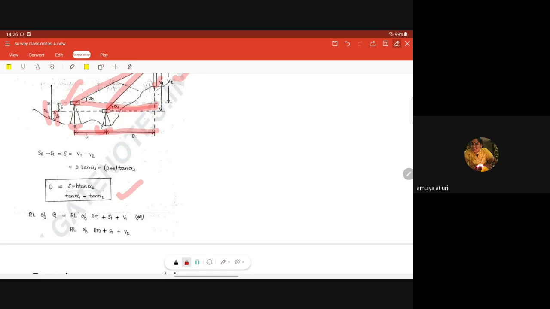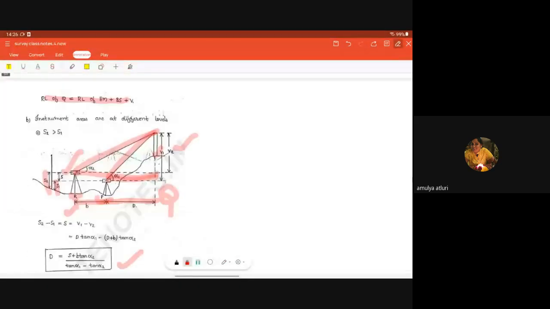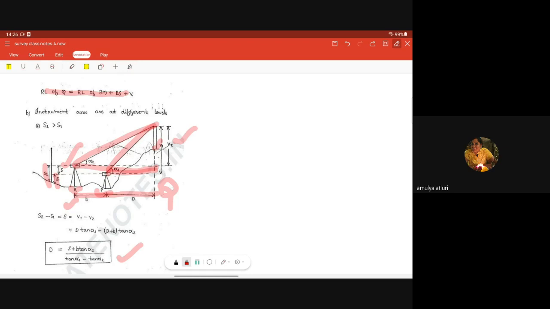So how do we calculate RL at Q? This is point Q. It is nothing but RL of benchmark plus S1 plus V1 or V2, whichever is higher, right? This is the case if my S2 is greater than S1.